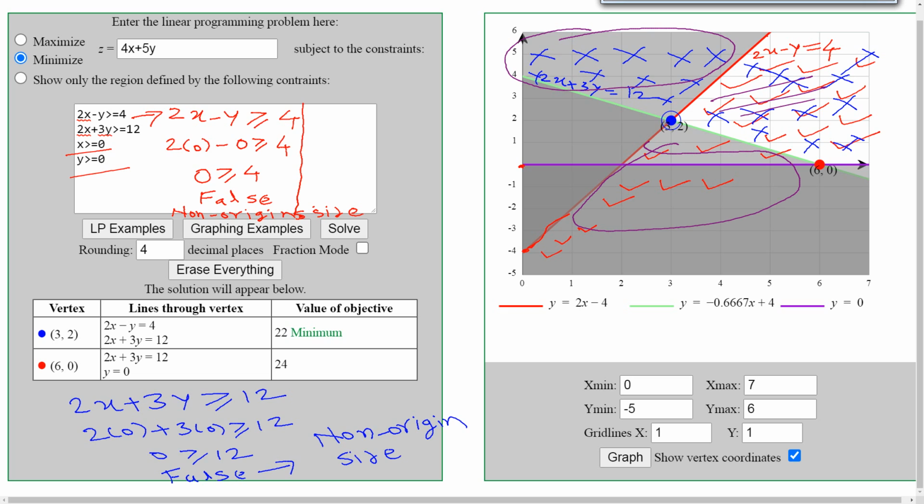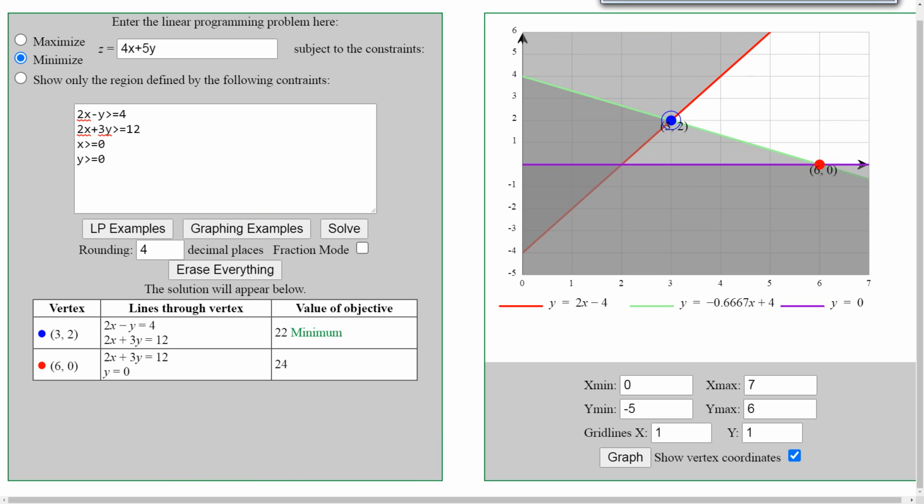This part is the common feasible region. Let me erase everything so that you will get what exactly the common feasible region is. So this is the common feasible region which is obtained.